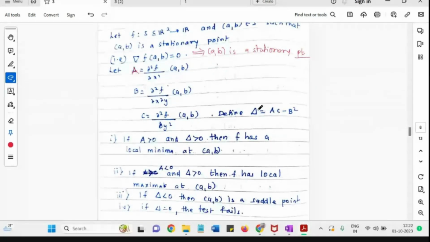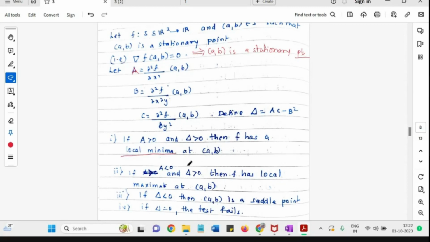Now I'm taking capital delta equal to AC minus B squared. If delta is positive and A is positive, that is ∂²f/∂x² is positive, then (a, b) is a point of local minima.